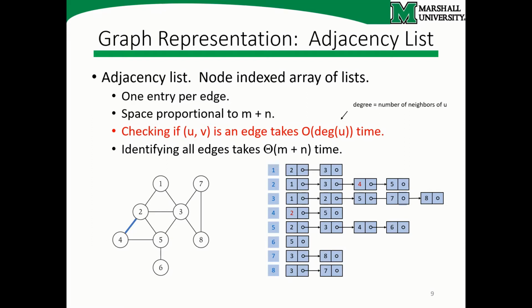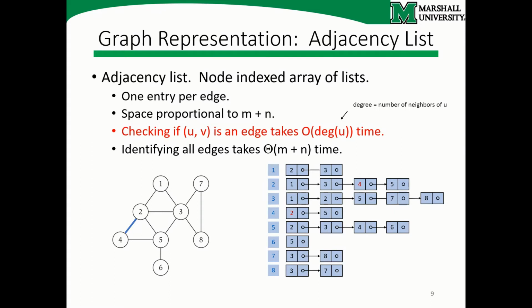The problem with this approach, however, is if you want to find out whether there exists an edge between two vertices u and v, then it takes O(degree of u) time. The degree of u means the number of neighbors of u.